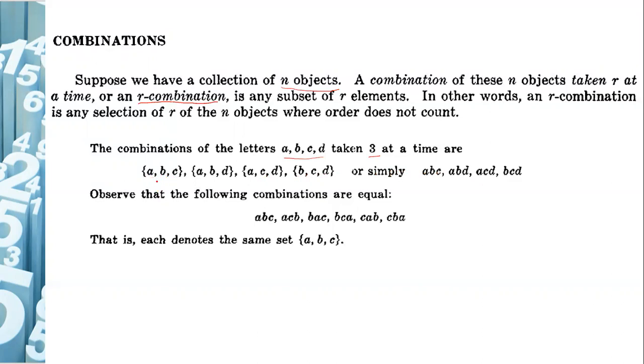When I say selection, three elements are taken, A, B, C, but which order we follow is not important. We don't consider all these things. When I select the three, ABC is enough.